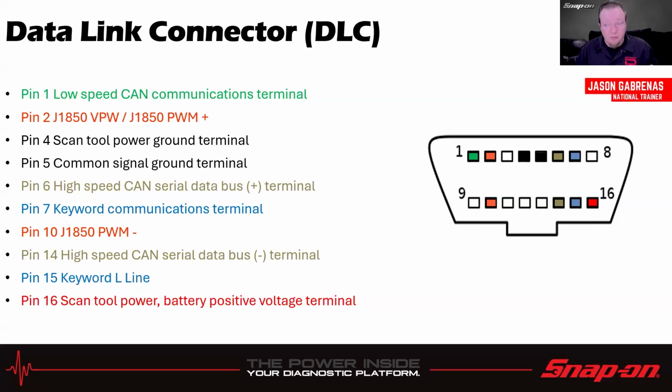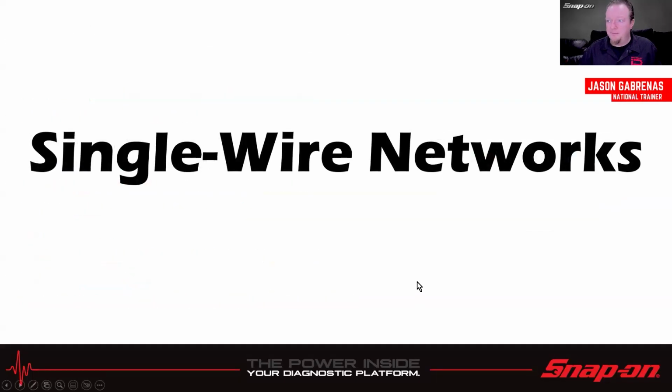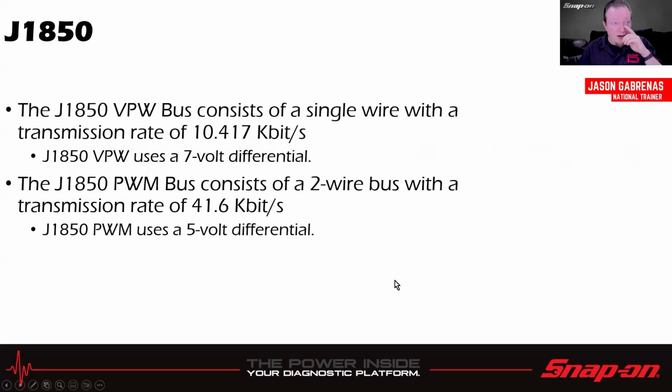Some manufacturers do both. Some manufacturers just do the K-line. So you would be able to test it here. And you see there's a fair number of free terminals. 3 and 11 would be another common one that gets used in there. Some manufacturers fill up the whole thing with network terminations.